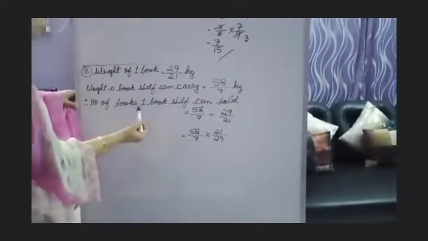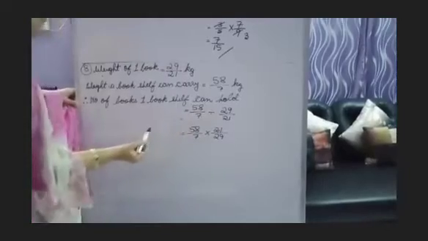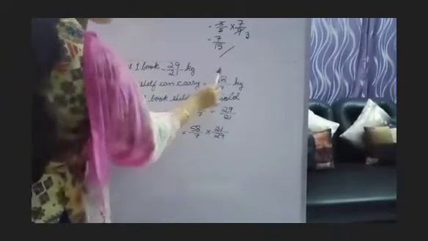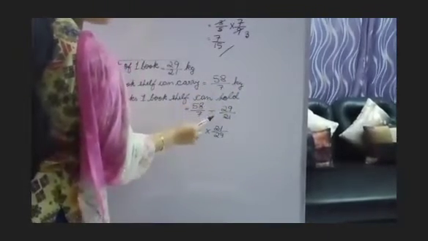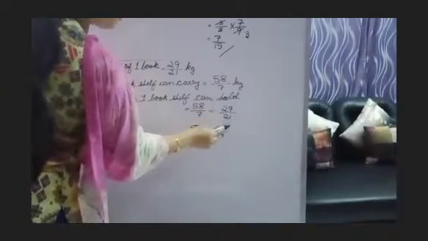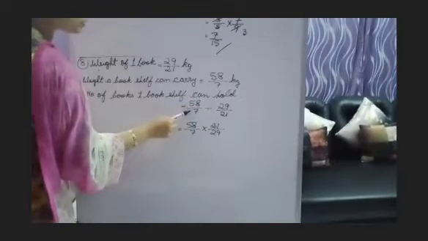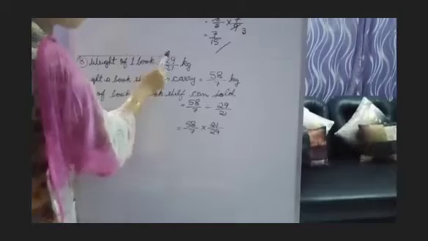So the number of books one bookshelf can hold is equal to this total weight which it can hold divided by the weight of one book. So what did I do here? Division. This is the total weight one bookshelf can hold, divided by the weight of each book.